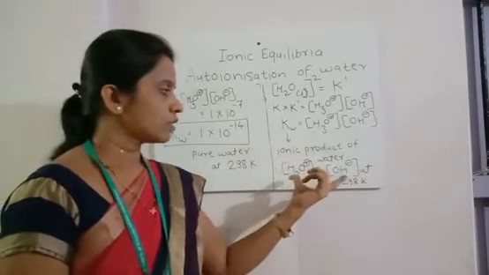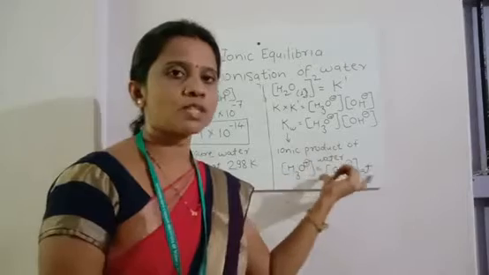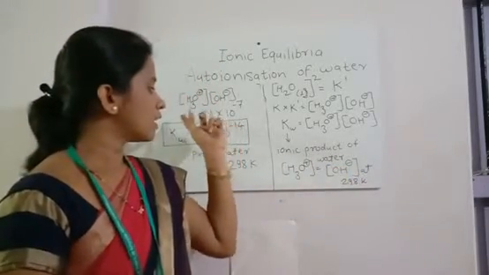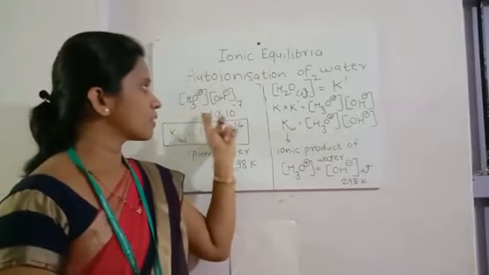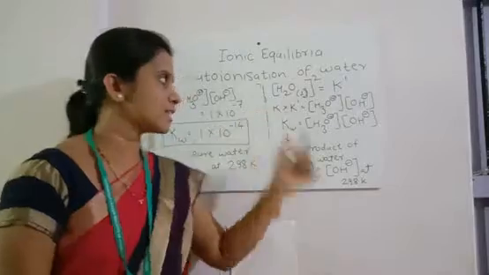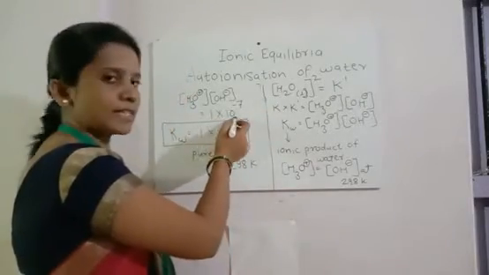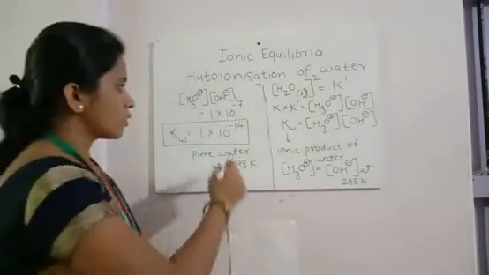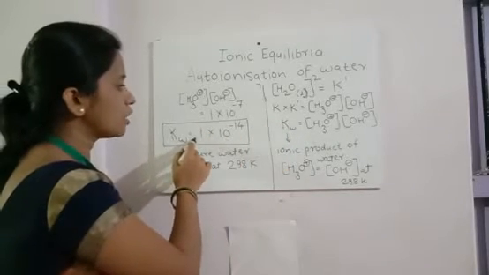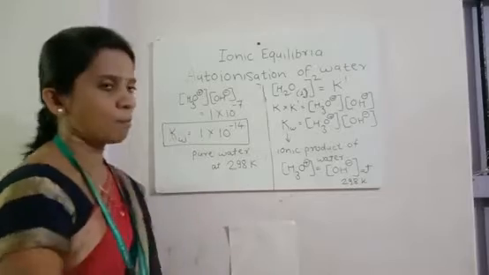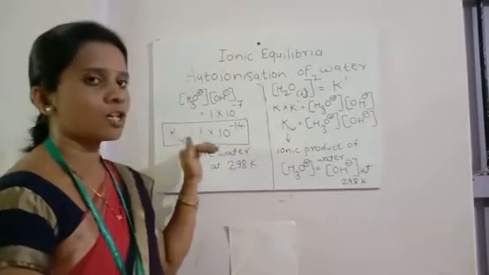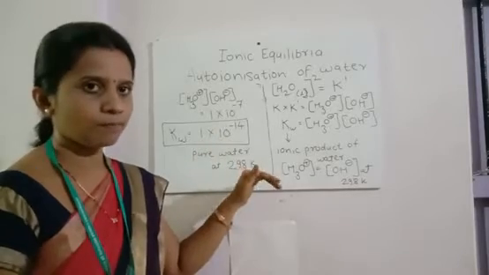In pure water, concentration of both these ions are equal, and it is found that at 298 Kelvin, the concentration value for these ions is 1 into 10 raised to minus 7. So what we can write here from this is Kw is equal to 1 into 10 raised to minus 14. So this is the value for ionic product of water.